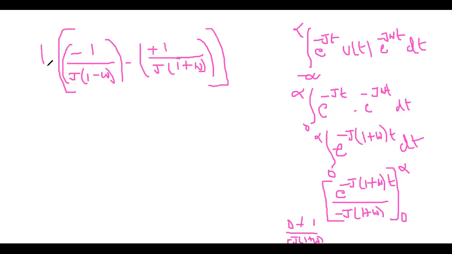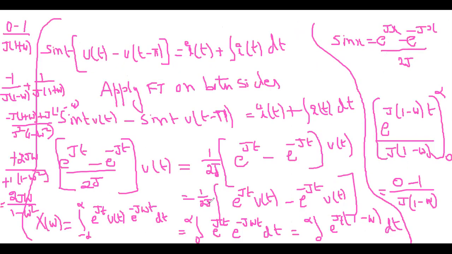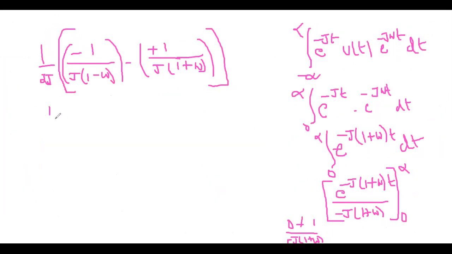and 1 by 2j is also what we have previously. Next you can simplify the 1 by 2j, take the common here, j square, here also take the common 1 by j, both the terms.